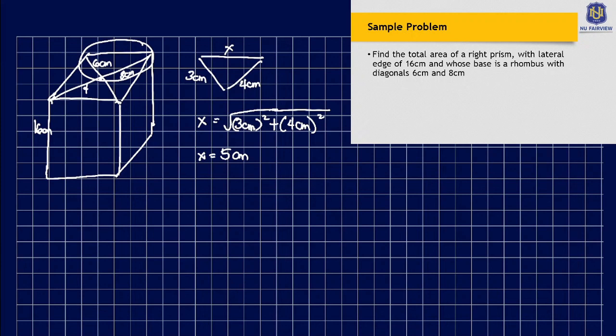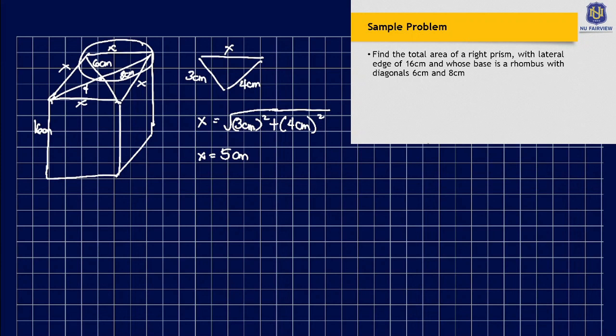Now that we know yung x, ang sunod natin gagawin is makukuha na natin yung perimeter. So, yung x natin is yung side ng rhombus nyo. So, paano ba makukuha yung perimeter ng base? So, kung x ito, and isa siyang rhombus, x din to, x din ito, as well as dito.